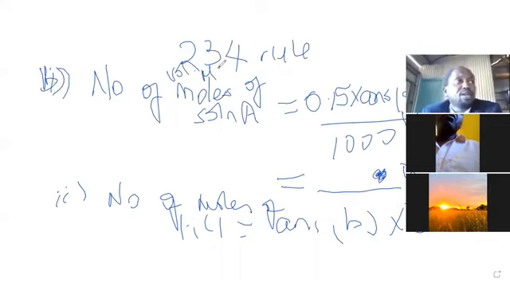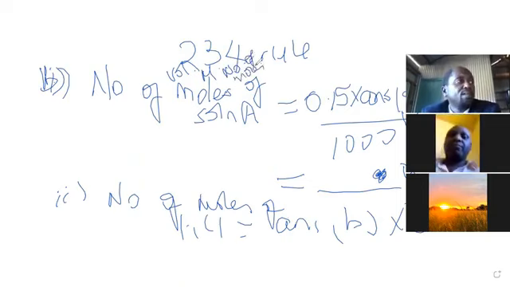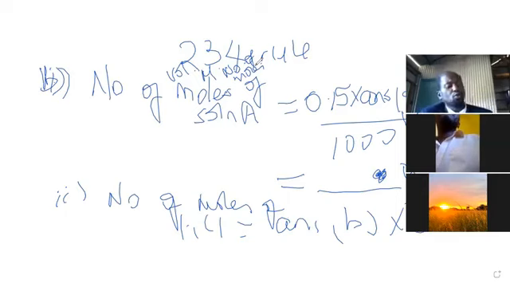The 4 stands for 4 decimal places. All number of moles must be rounded to minimum 4 decimal places for you to score.